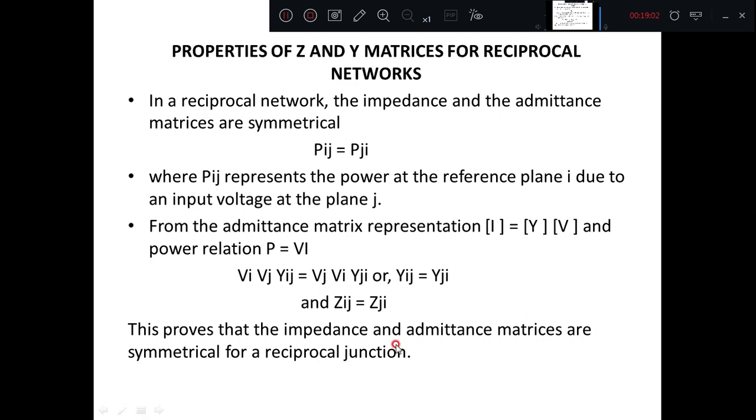So I is the ith port, you can say port 1, and J is the output port J. In either case, if you measure the power from port I to port J, or ith port to jth port, or jth port to ith port, the power you get remains the same. So that is the beauty of the reciprocal network, right?